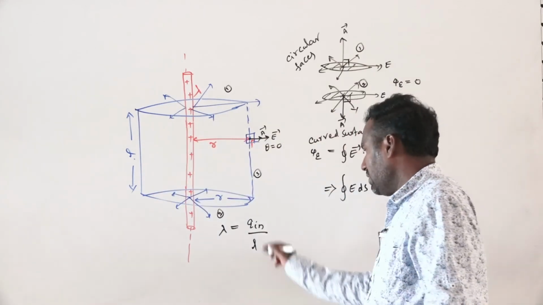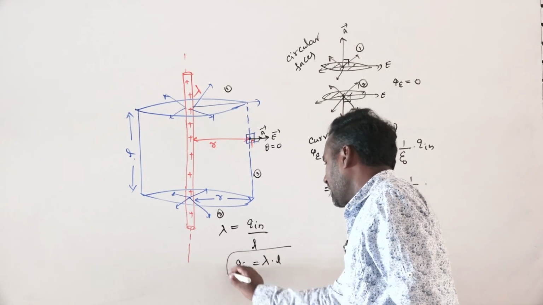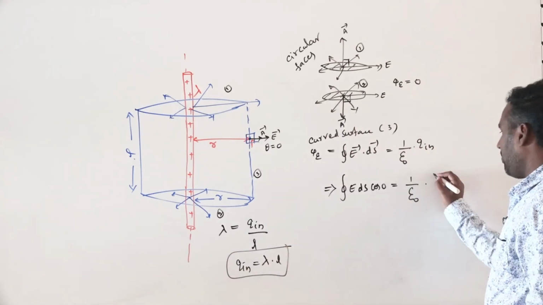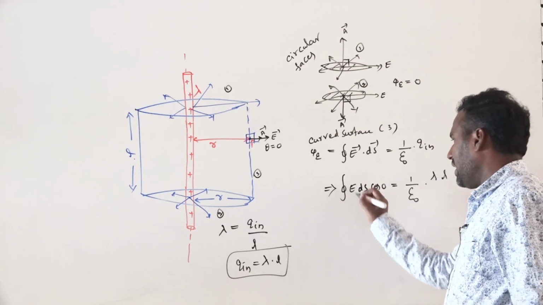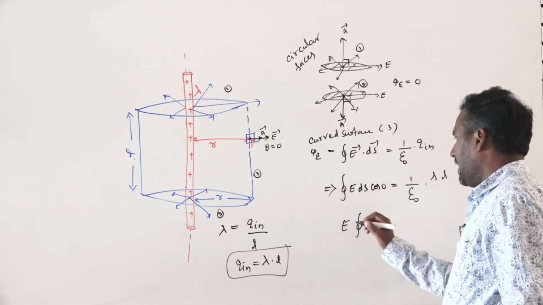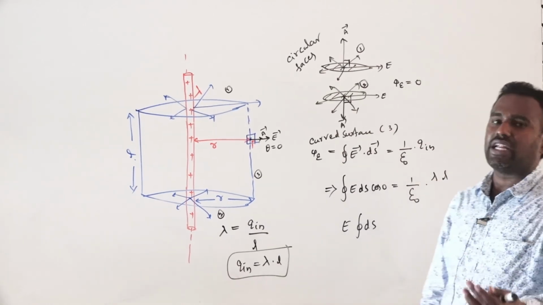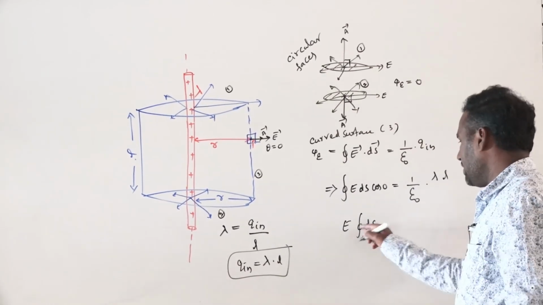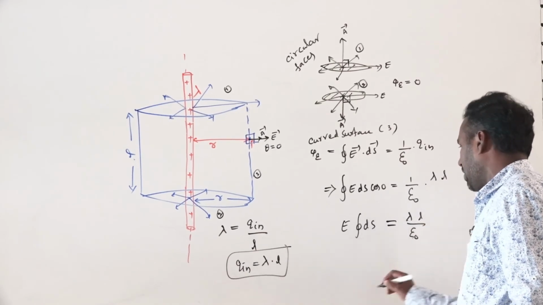Then the charge present within the Gaussian surface will be lambda times L. Cos 0 is 1, and the electric field is a constant, so we can bring it out. If they ask for electric flux, it is lambda L by epsilon naught, but we need to find the electric field due to a line charge: E integration of ds is equal to lambda L upon epsilon naught.